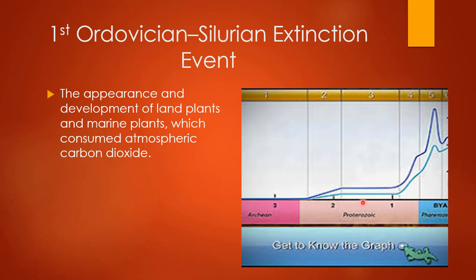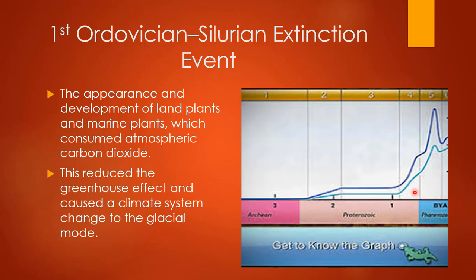This is the boring billion right here. And then they started going up again as a more efficient method of photosynthesis started coming about. And so we're looking at the extinction event happening somewhere right around in here, I think. Right. So the reduced greenhouse effect caused a climate system change to the glacial mode.